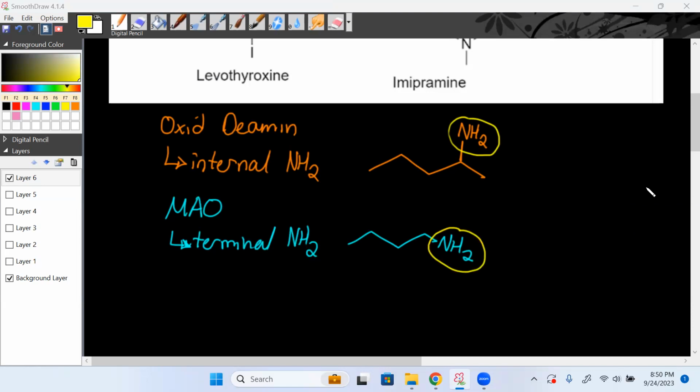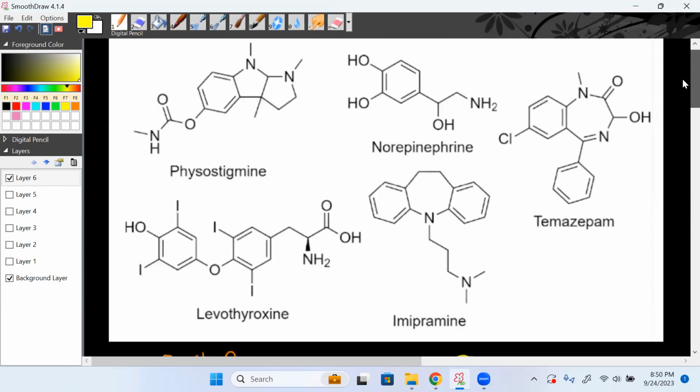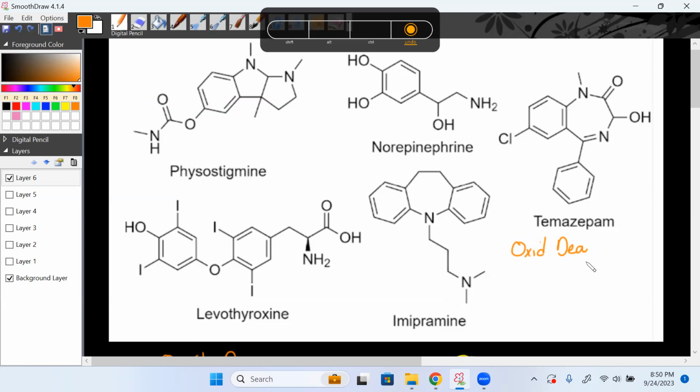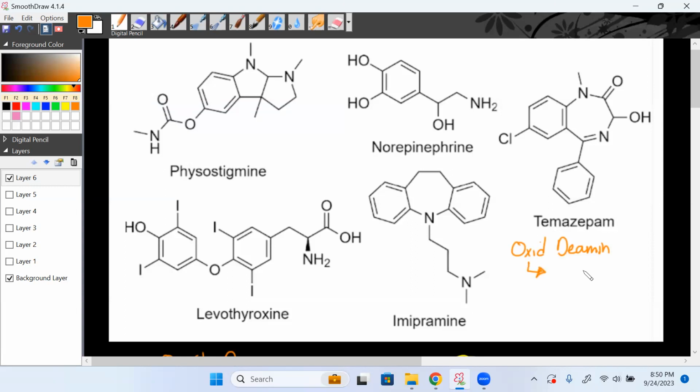Oxidative deamination, internal NH2. So looking at these drugs one more time, which of these drugs has an internal NH2 to remove with oxidative deamination?